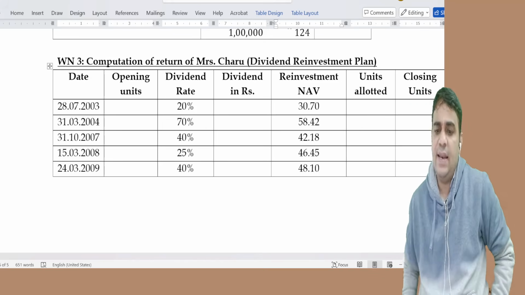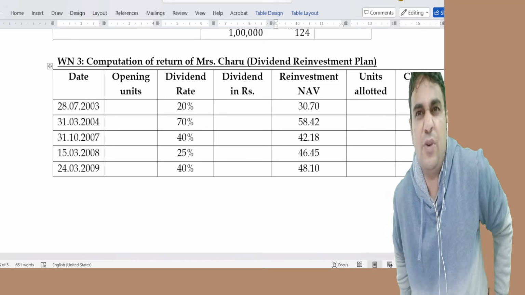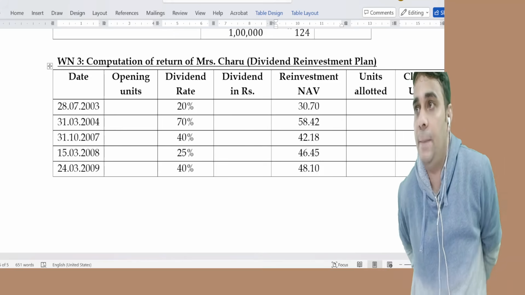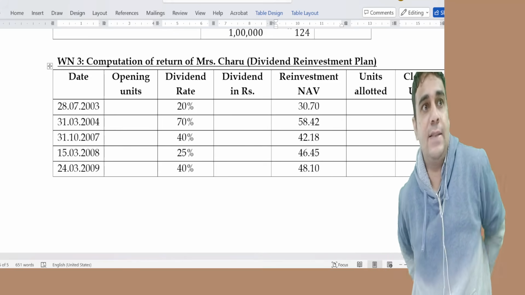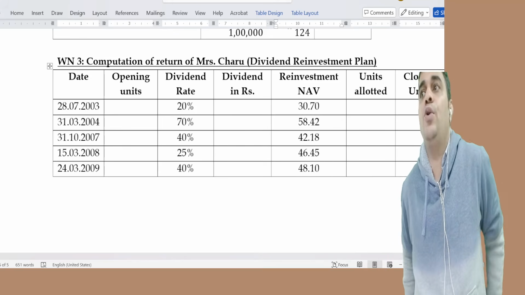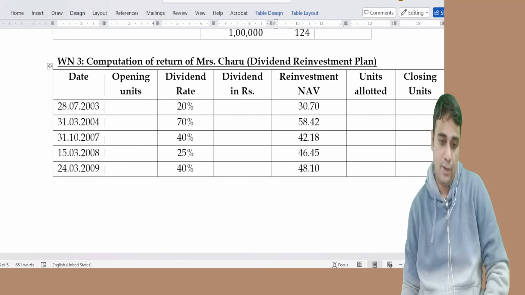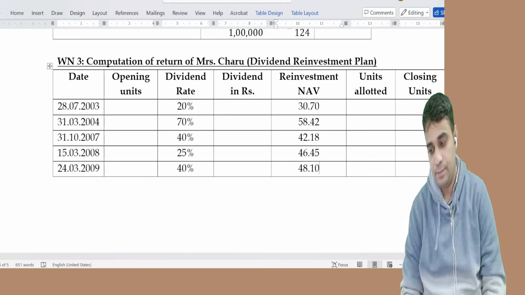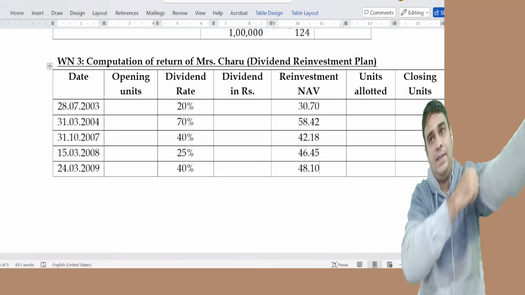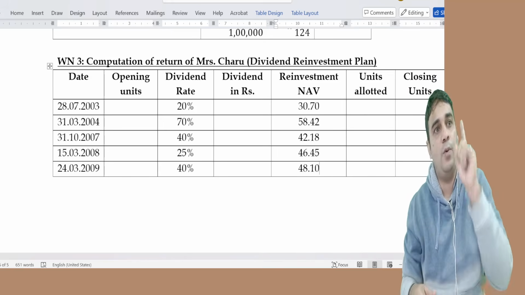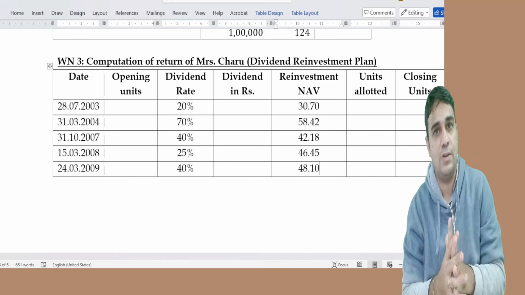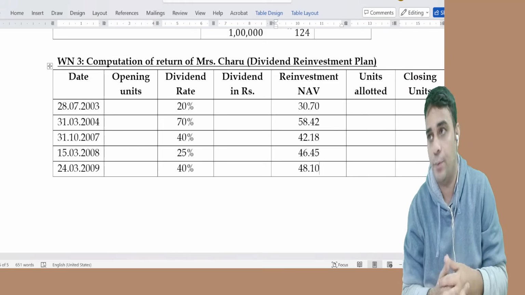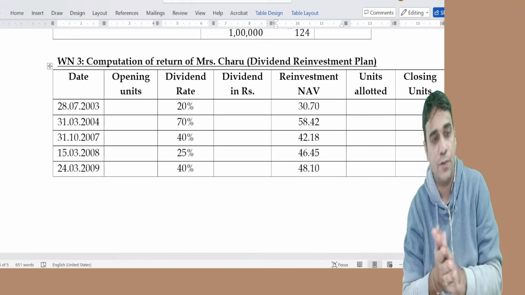They have given the NAV history of the other plans too, for all three plans, but that has zero utility because I don't do any reinvestments there. It's the same calculation. Last time we did it once, now we are going to do it 5 times. When we do it 5 times, obviously our grip will improve. Any doubts first on this?